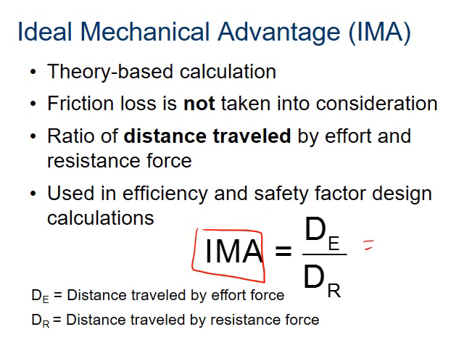So if I have something like 4 to 1, and my ideal mechanical advantage is 4 to 1, then what that means is that the distance of my effort is 4 times greater than the distance of my resistance. Okay.